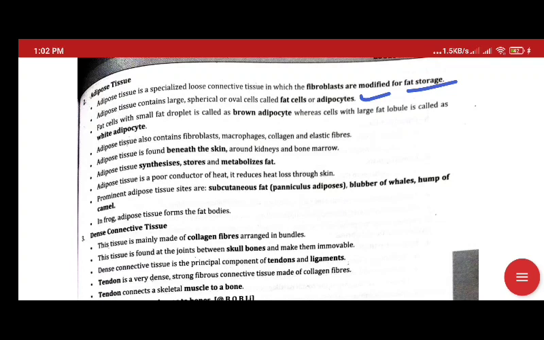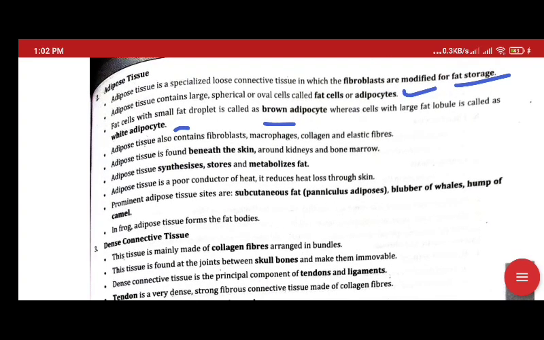We have two types of cell here: brown, meaning a small fat cell, and white, that is large or big size fat cell. Adipose tissue is present beneath the skin for storage of fat, that is subcutaneous fat. It is also present in the blubber of whales and humps of camels.